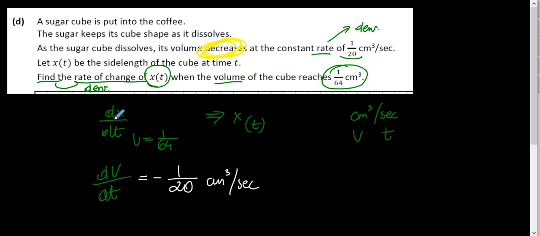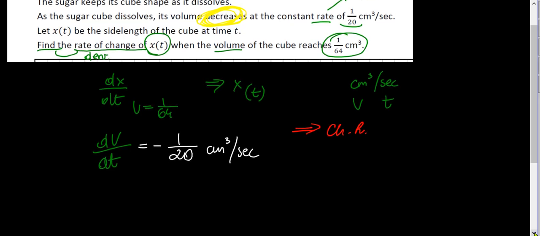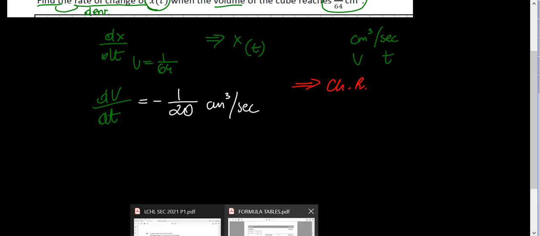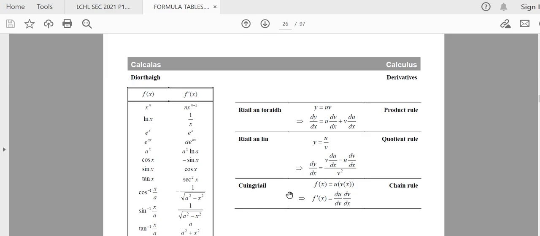I did overlook it when I was solving this question myself. So if we are looking for one derivative and we have one given, then we know what we are applying: the chain rule, isn't it? That's what we're going to be applying here. Therefore, we need a third derivative. How do we find that third derivative and what do we need? So let's have a look at our chain rule here.